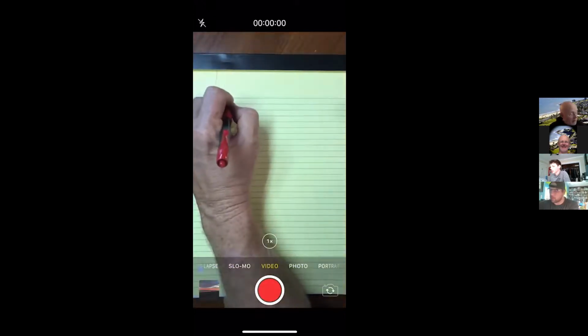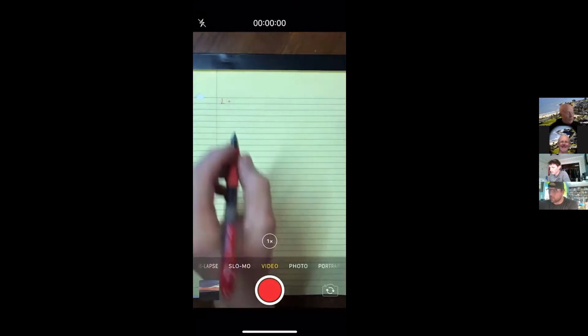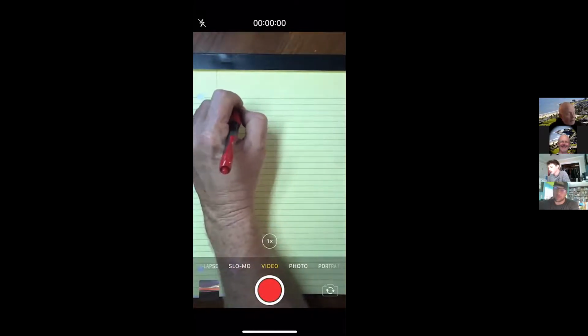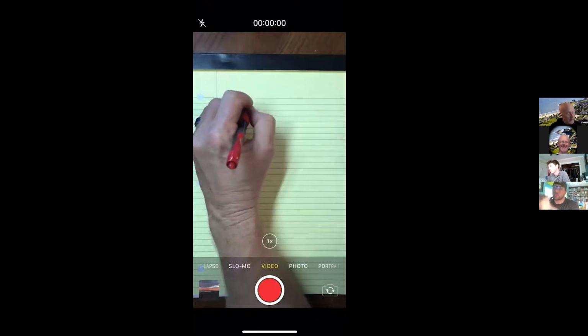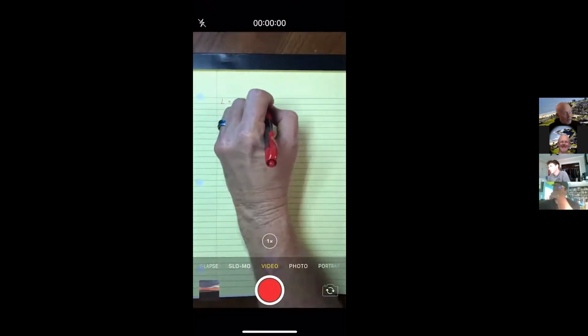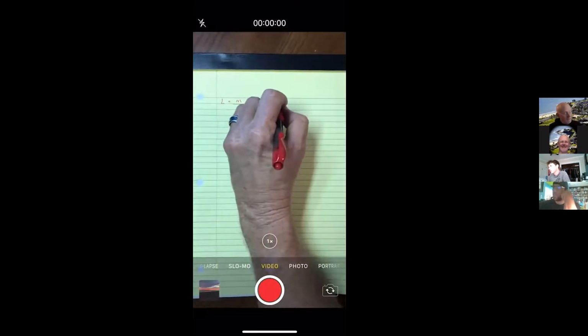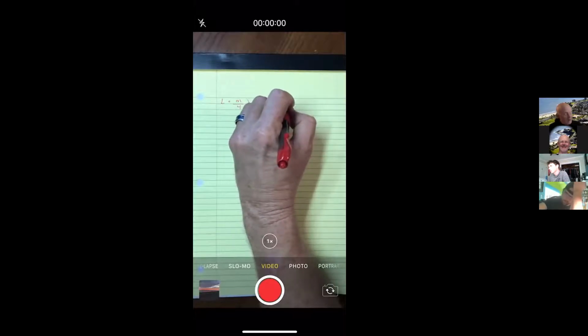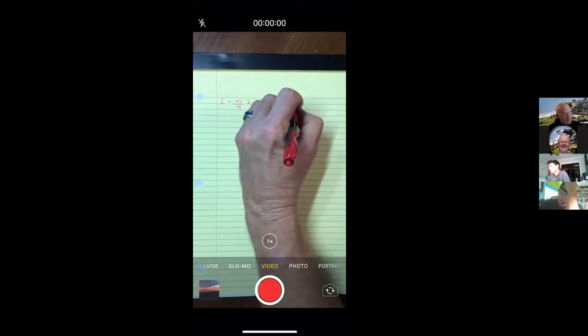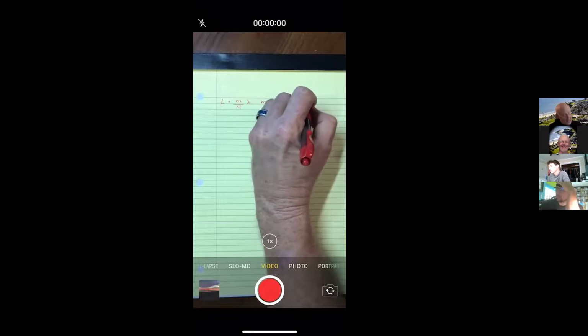So I like to write it this way: L equals m over 4 lambda, where m is either 1, 3, 5, 7, 9, 11, and so on.